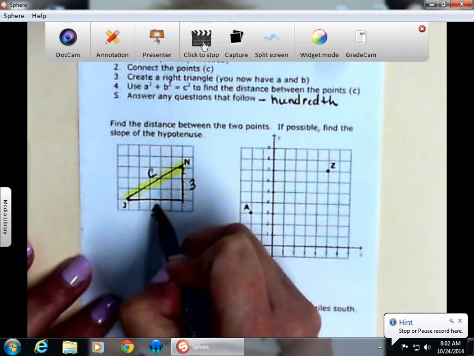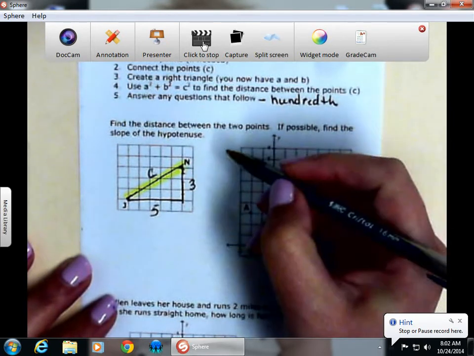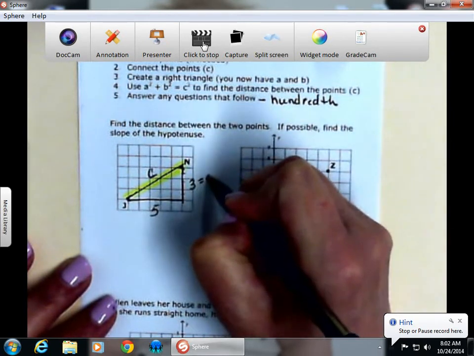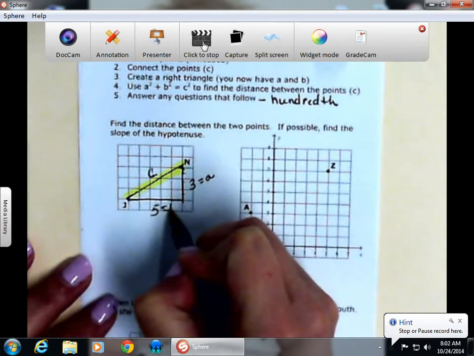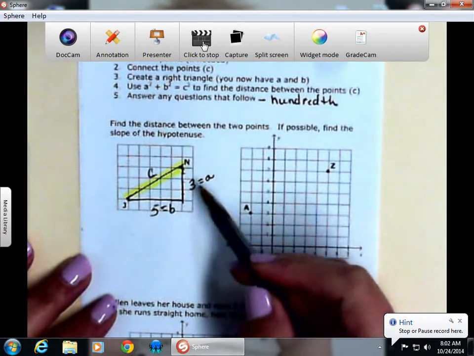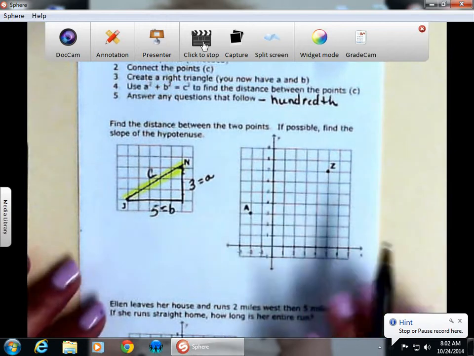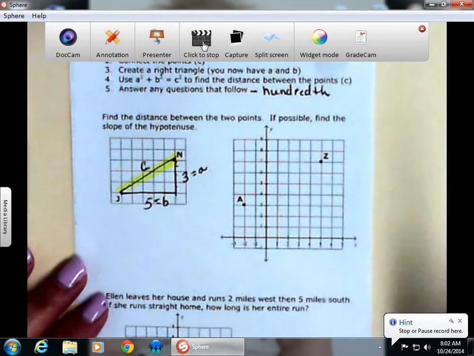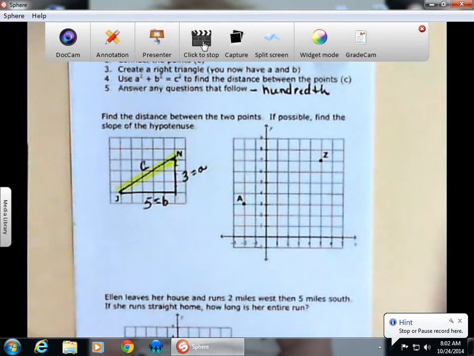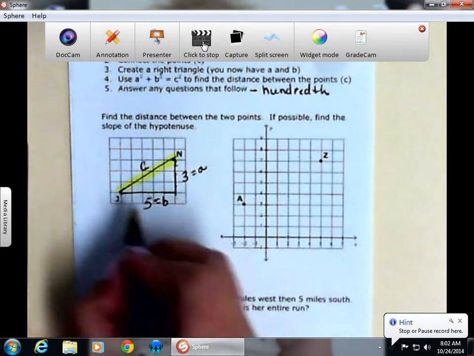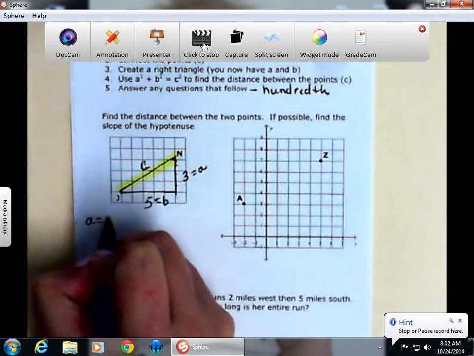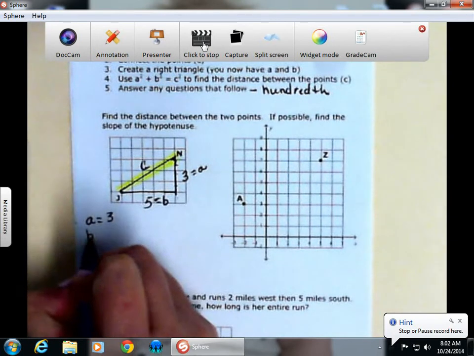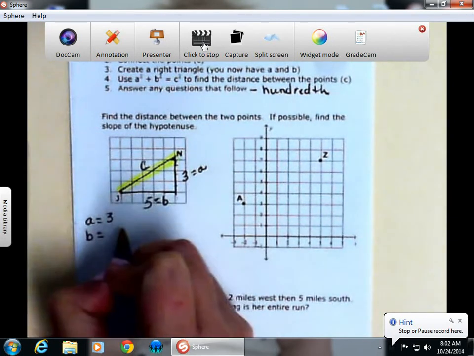Let's call our 3 A and our 5 B. Remember, the legs could be either A or B. Alright, so we have A equals 3, B equals 5. We don't know what C equals yet.